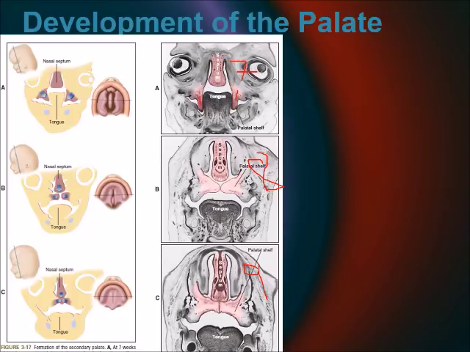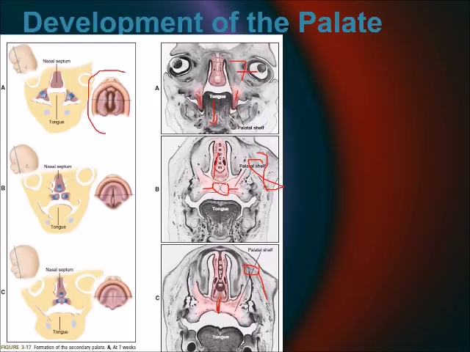At the age of 8 weeks, the tongue will go downward, and the two palatal shelves will grow upward to join each other, having contact at the age of 8 weeks intrauterine life. At the age of 9 weeks, full contact of the area of the epithelial seam together with the nasal septum, and full union between the two segments between the age of 9 to 12 weeks.